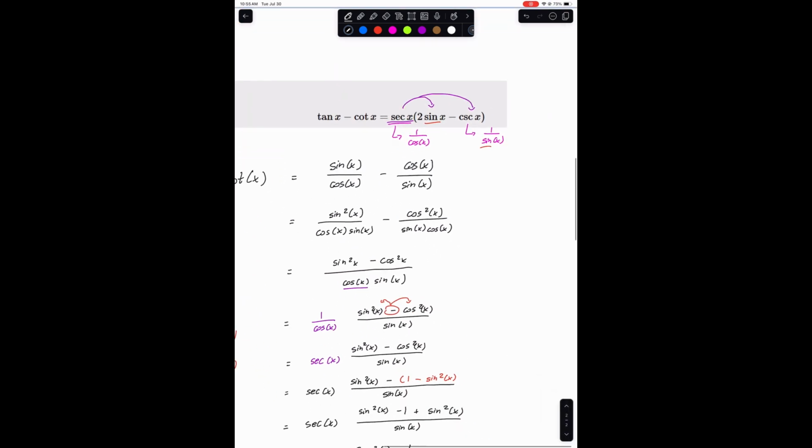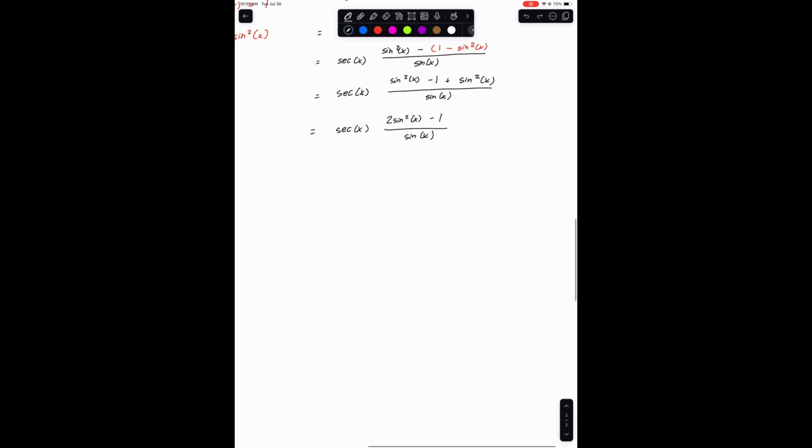And now I need a 2 sine x and a 1 over sine x, a cosecant. We can split the fraction into 2. So secant of x times 2 sine squared x over sine x minus 1 over sine x.